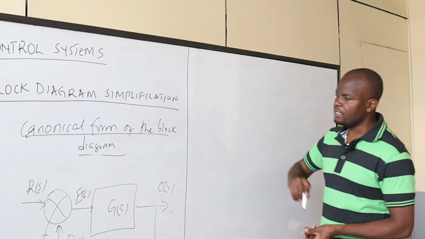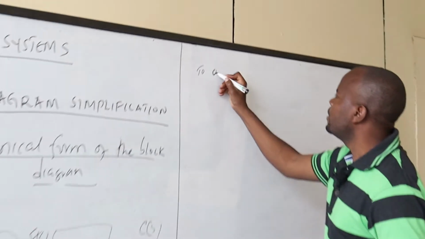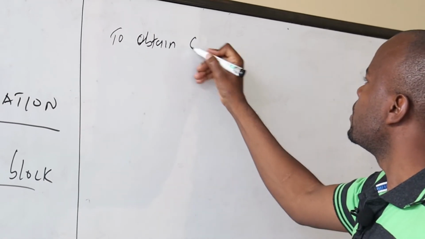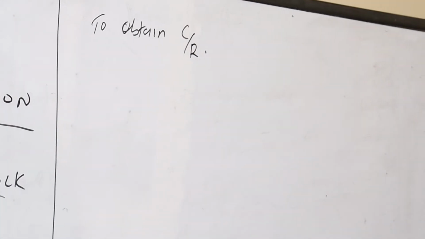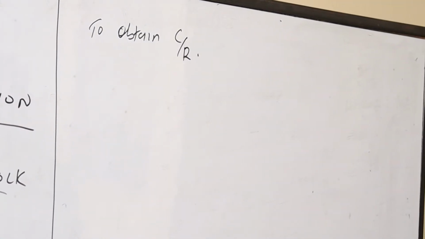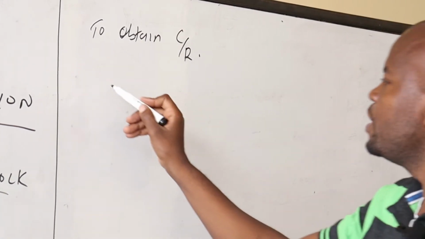So in that case, to obtain C over R, which is the transfer function, there are three equations that are always very important. The first equation is how do we get the error?